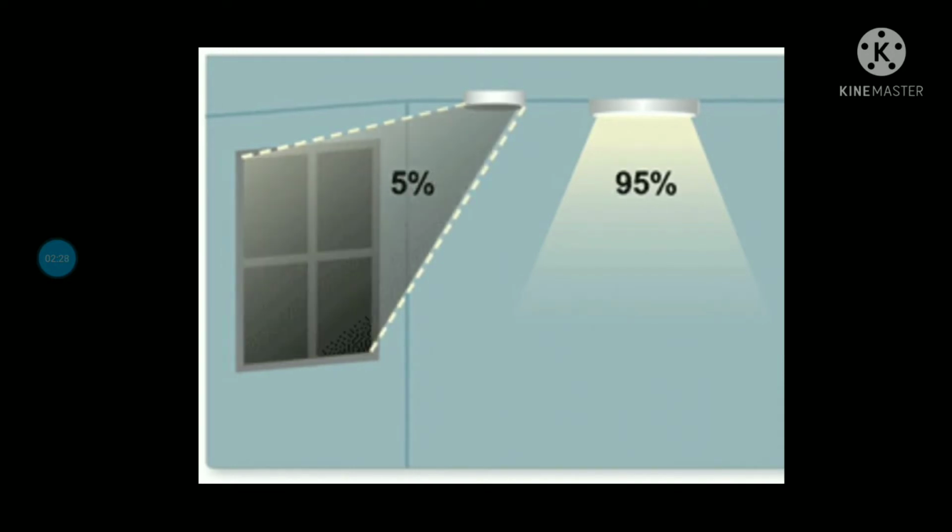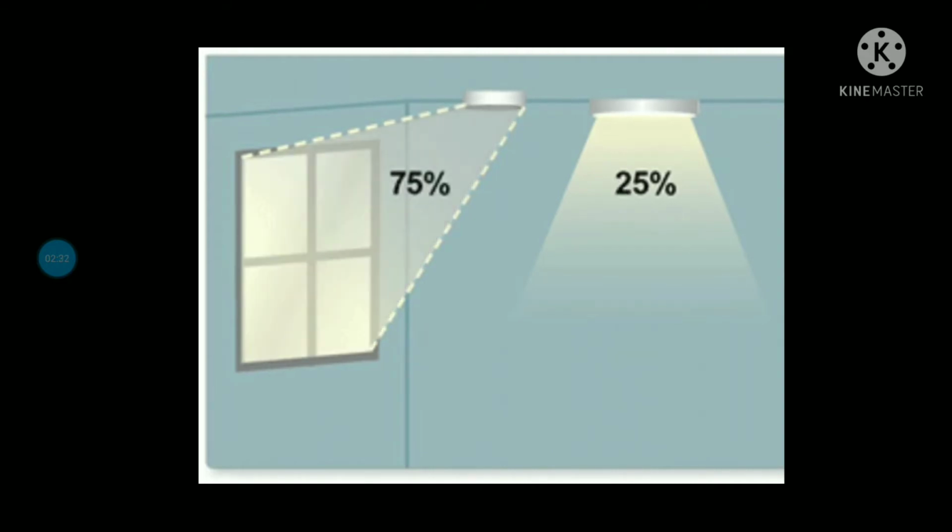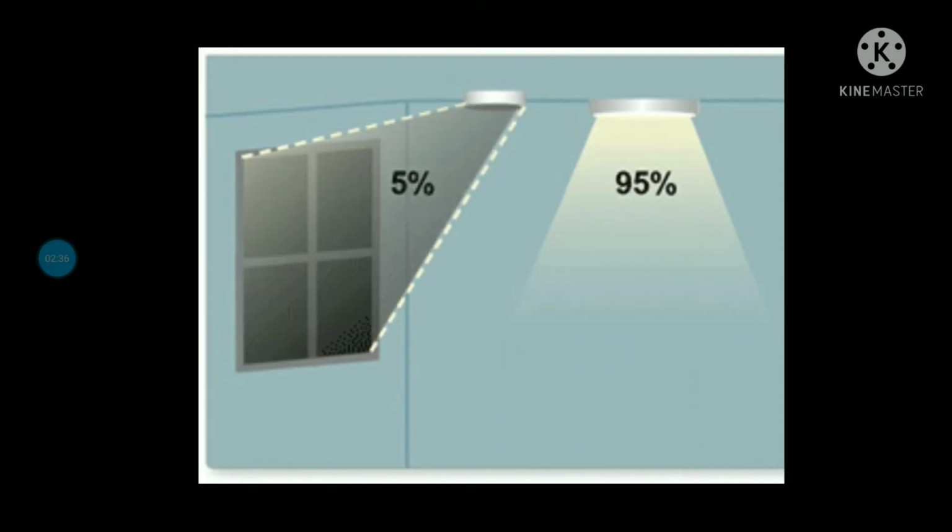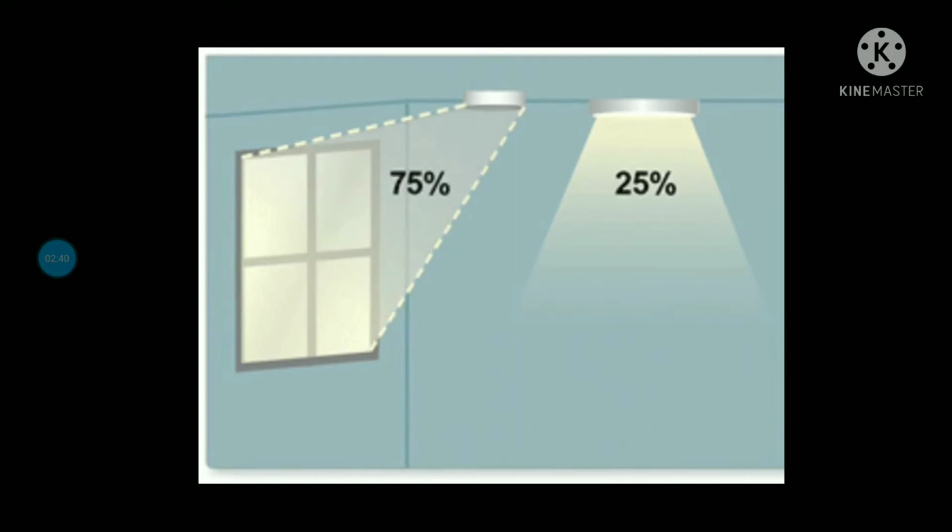If one light has gone off, then the second light automatically increases the intensity. These are very good examples of light sensors.